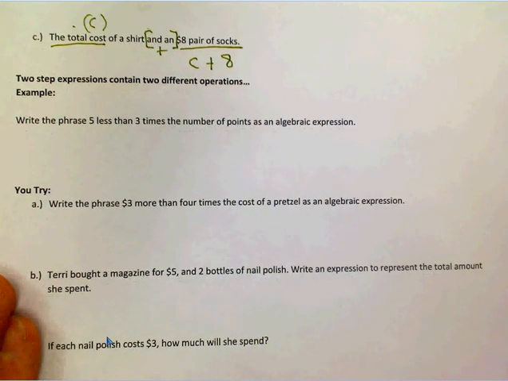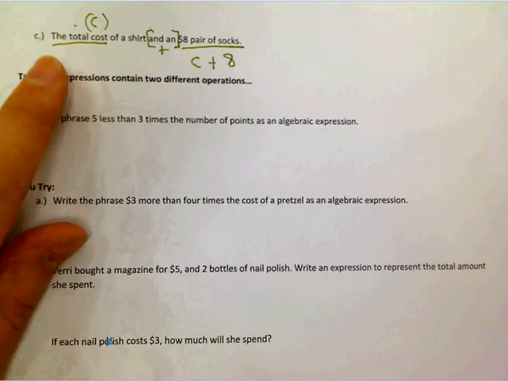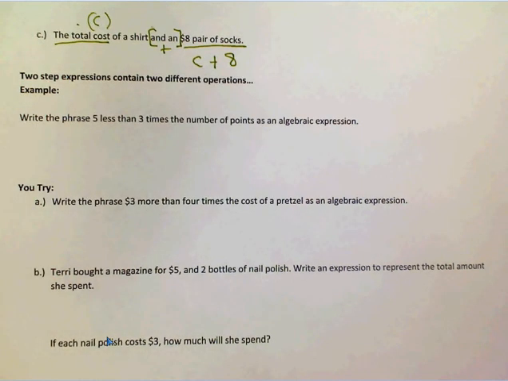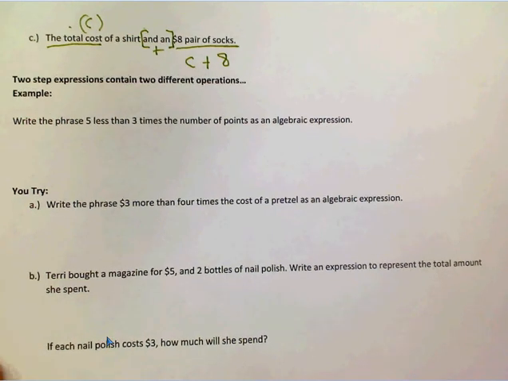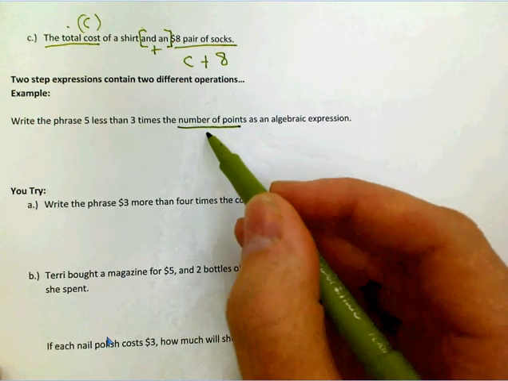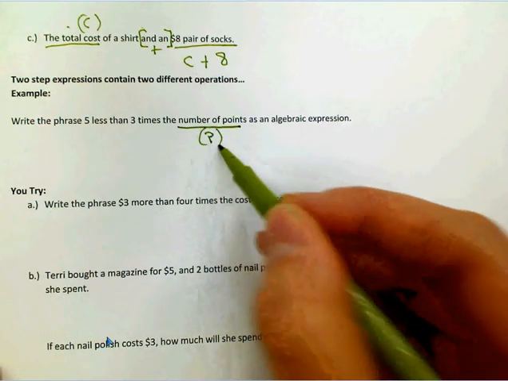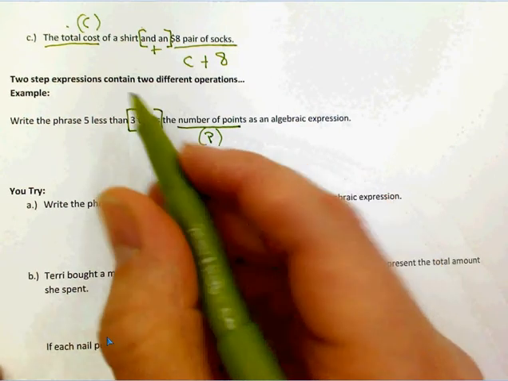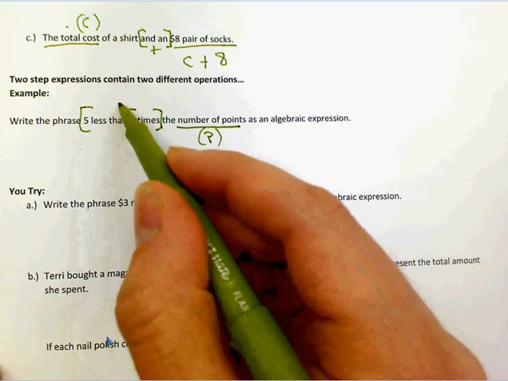Two-step expressions contain two different operations. These were one-step expressions. These are going to be two. Write the phrase 5 less than 3 times the number of points as an algebraic expression. We don't know what the number of points is, so we're going to assign that a variable of p. We have two operations: 3 times and 5 less than.